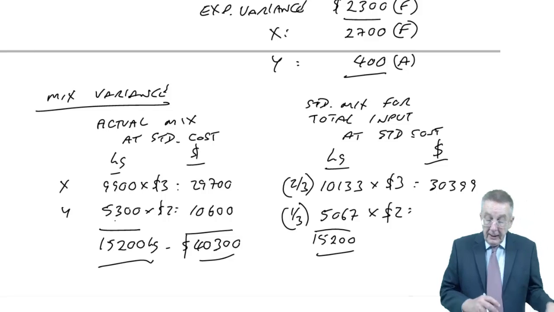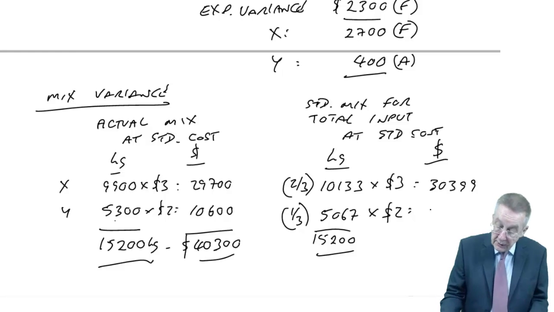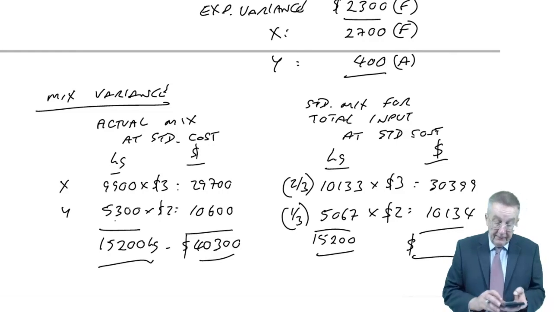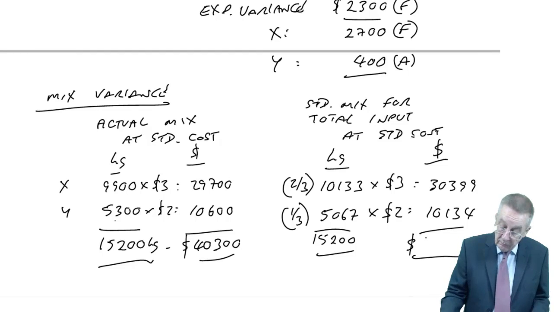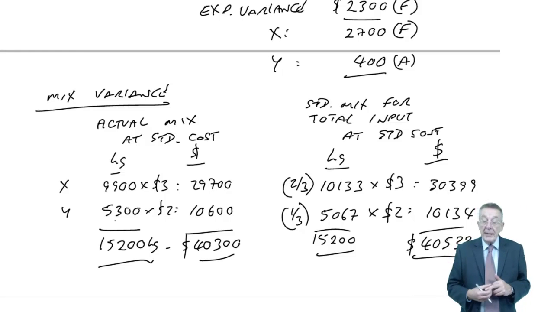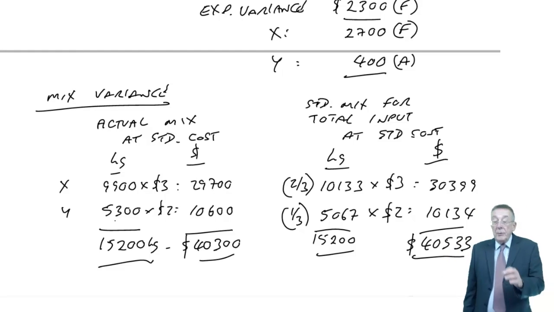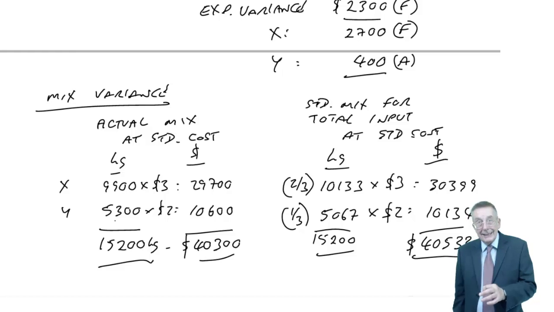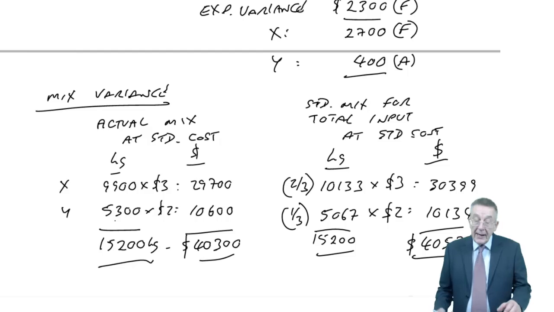30,399. Can't do that one in my head. 10,134. 40,533. So for this bit alone, if we'd mixed it properly, the correct ratios, you'd have spent 40,533.